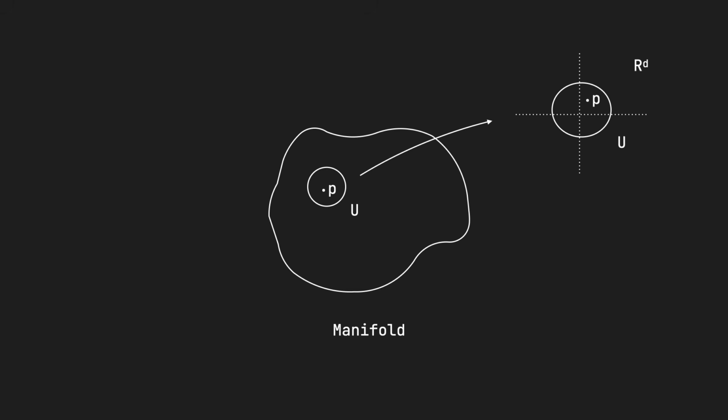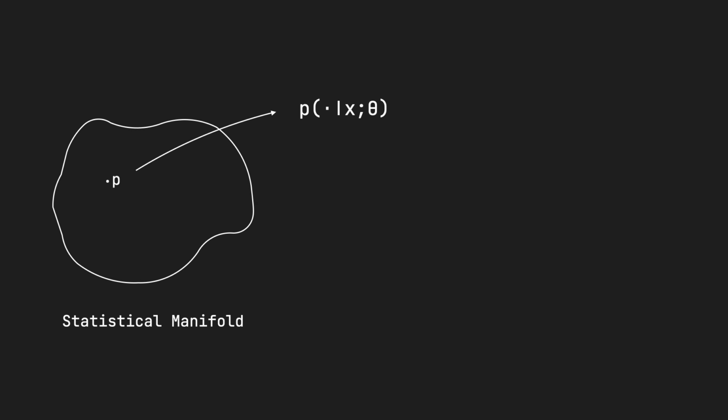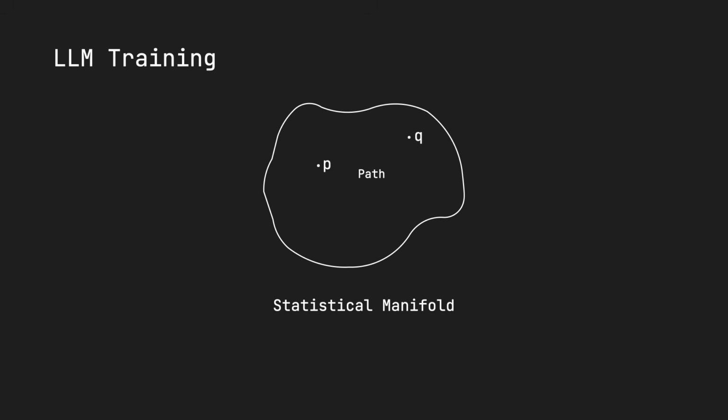And we could take this idea of a manifold and apply it to LLM training. The way we do that is by looking at statistical manifolds, because we're dealing with probability distributions with LLMs. So it's appropriate to use statistical manifolds where each point is a probability distribution P. You may start in your training, for example, with the point P being a probability distribution where your weights are randomly initialized.